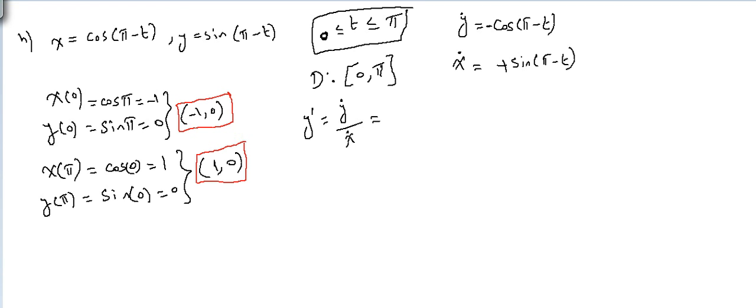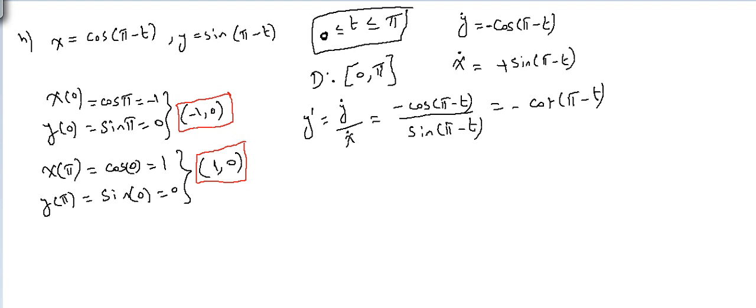In this case, y dot is minus cosine of pi minus t over x dot, which is sine of pi minus t. The answer is minus cosine divided by sine. It's minus cotangent of pi minus t.